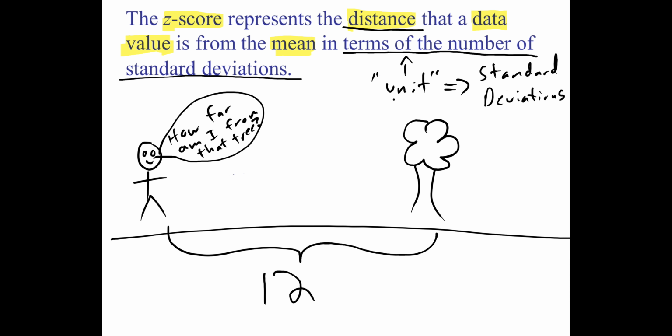We always include a unit. So that unit might be, I'm 12 inches from that tree. Maybe I am 12 miles from that tree. Maybe I'm 12 kilometers from that tree. So distances involve units, and the z-score is going to be a distance where the unit is the standard deviation.